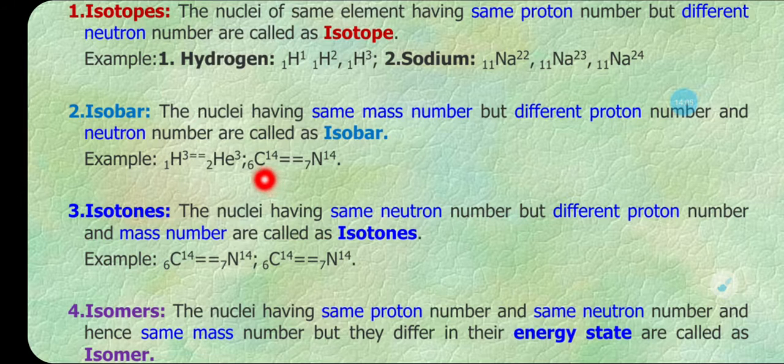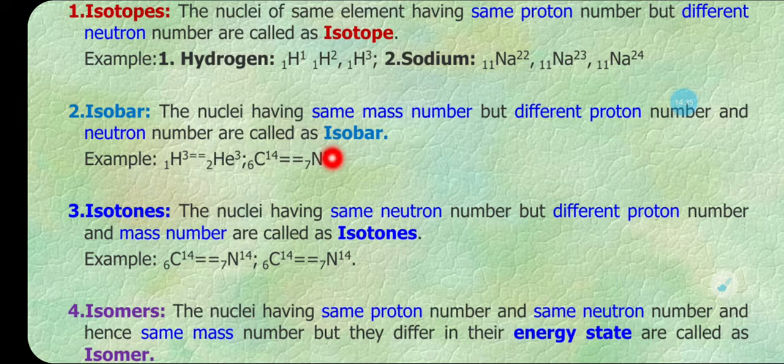Second example, carbon-14 with atomic number 6 and nitrogen-14 with atomic number 7. The mass number is the same, 14 and 14, but the proton number is different: 6 protons here, 7 protons here. The neutron number is also different: 8 neutrons in carbon and 7 neutrons in nitrogen.